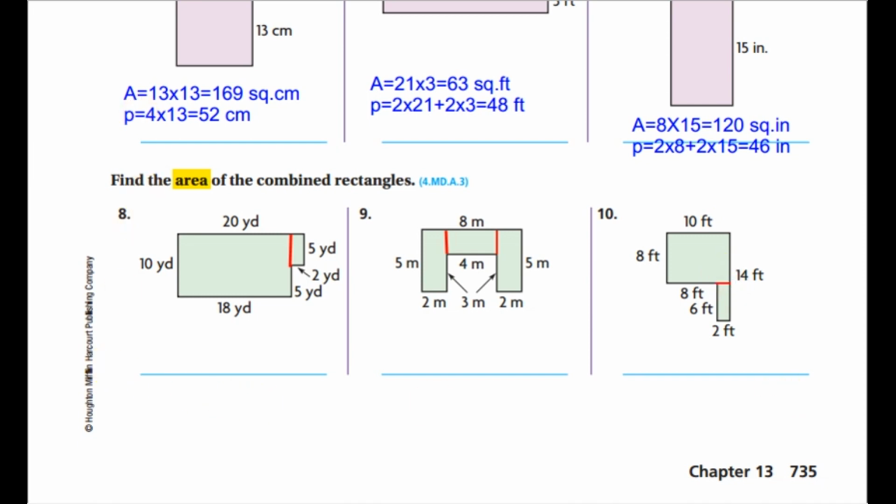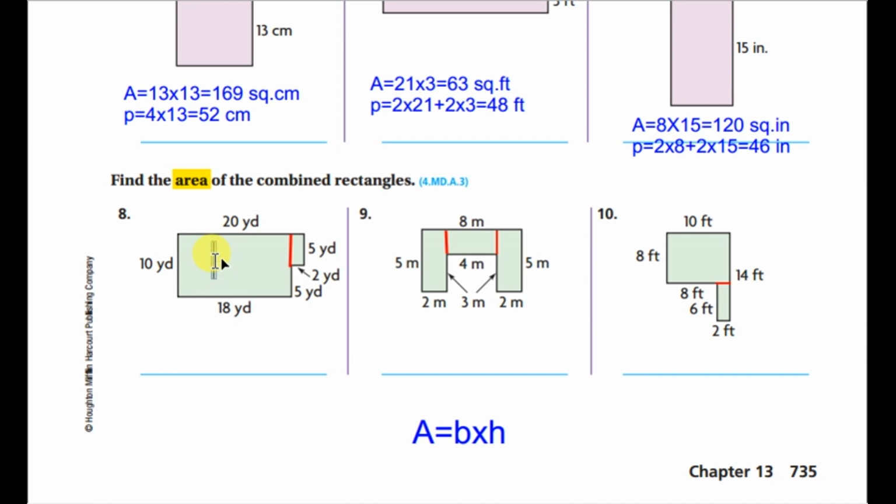Okay. First, what is the formula again? The formula of the area is equal B times H. Let's put it here in the middle so we can all see it.